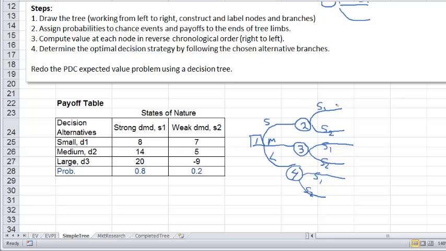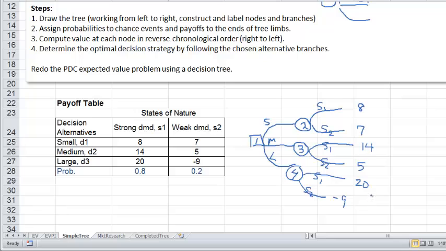For instance, this is after you build a small condominium complex and the demand happened to be strong, so we have the payoff of 8 million. And here the demand is weak, so the payoff is 7. Then just copy down 14, 5, 20, and negative 9 at the other places.